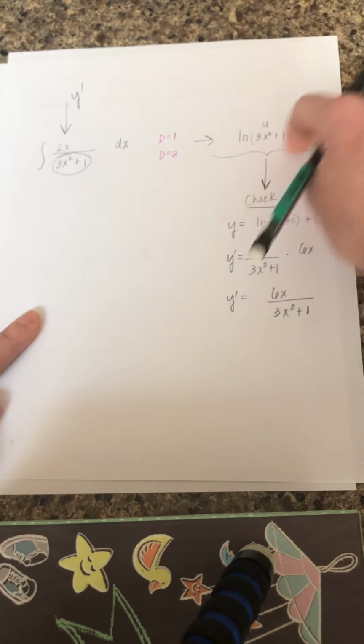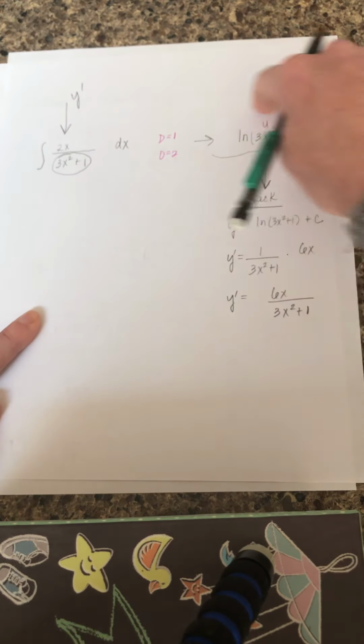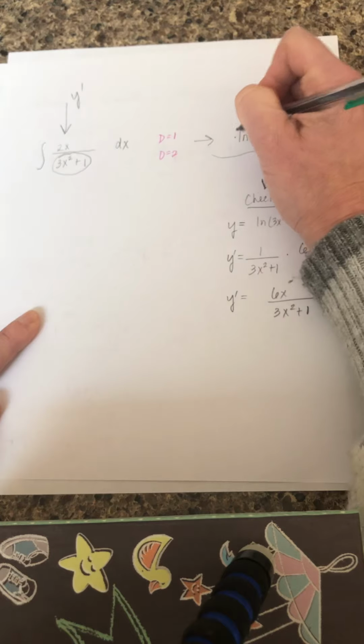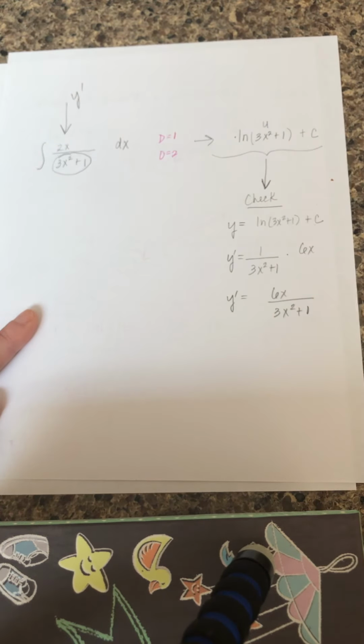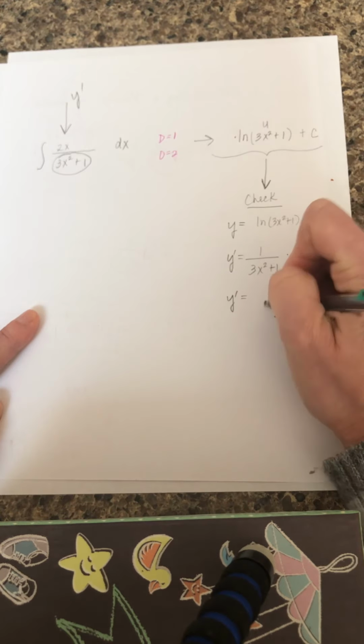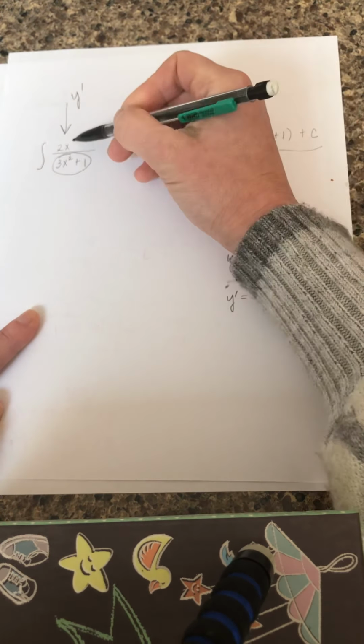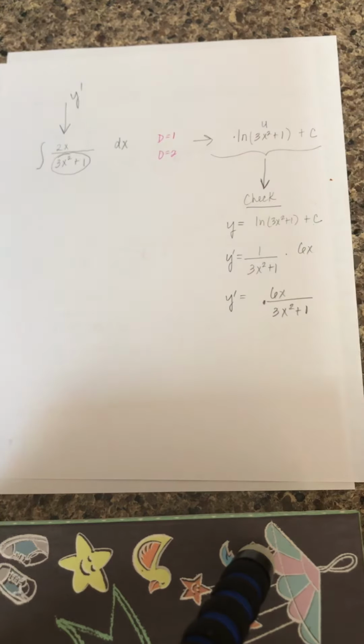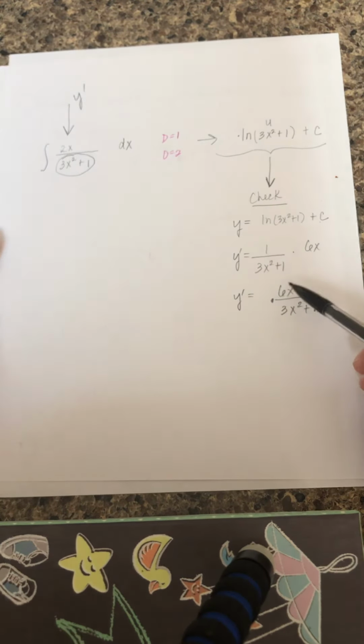So that means that our original anticipated antiderivative is off by some sort of factor, right? So we have to ask ourselves, what can we multiply this by so that we can achieve 2x over 3x squared plus 1, right? So basically, we have to turn this 6 into a 2.